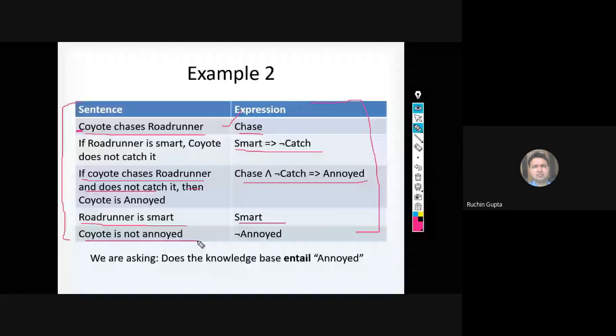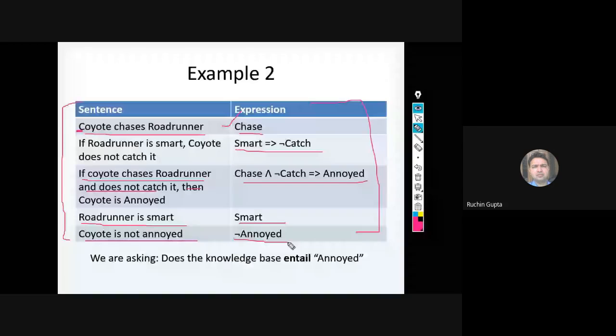Alpha was coyote is annoyed, and its negation is coyote is not annoyed, represented by the negation of annoyed. Now I will apply the resolution onto these statements and see whether I get true or false.